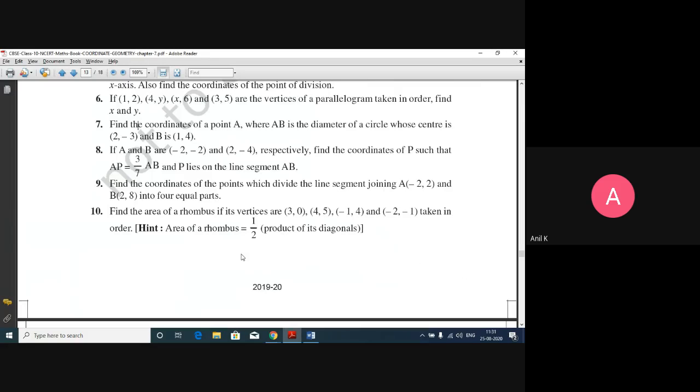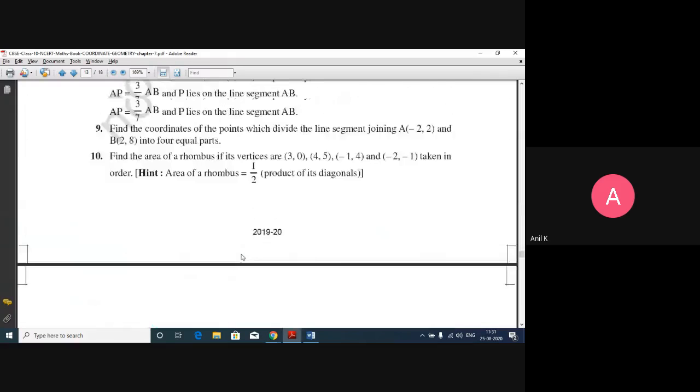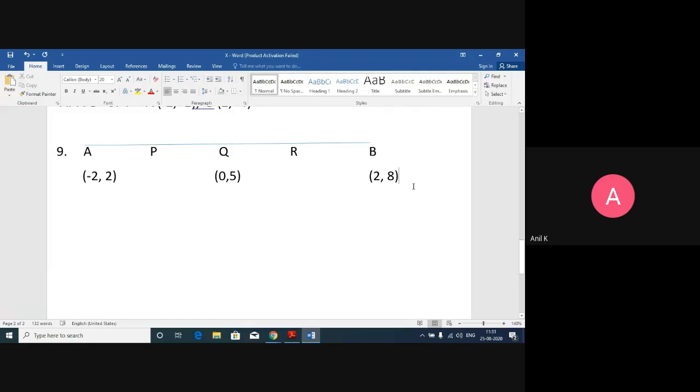Okay. Now come to the 10th, I think, and last question. Find the area of the rhombus if its vertices are (3, 0), (4, 5), (minus 1, 4), (minus 2, minus 1), taken in order. Let me write the points. First point is (3, 0).